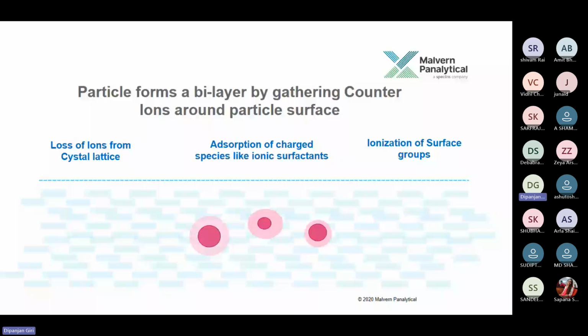Or if there is any ionizable functional group like carboxylate, amide or amine, then there is a change in the charges. Another possibility is a difference of the dielectric constant between the particle and the solvent, then there is a chance to form a charged particle, but that is very rare.